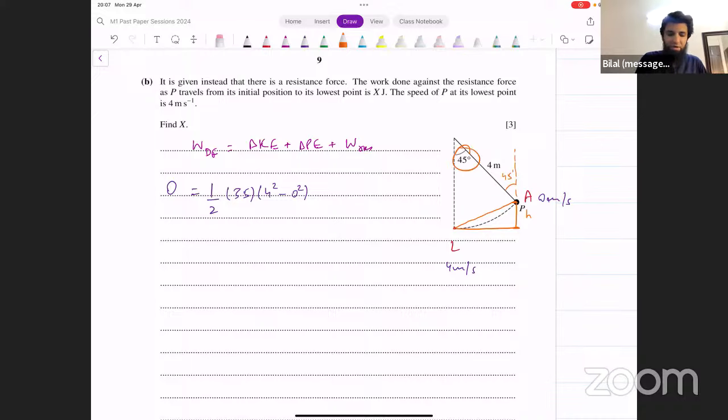And if this angle is 45, it's an isosceles triangle with 4 meters here, 4 meters here. What's the angle that we get here? 180 minus 45, divided by 2. You get 67.5 here. So this angle is 67.5 and this angle is 67.5.